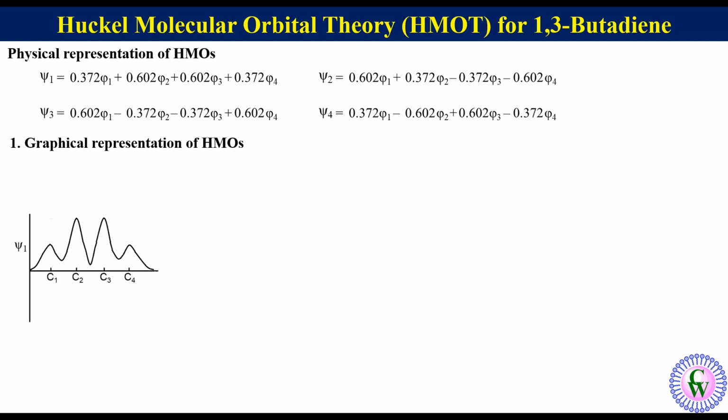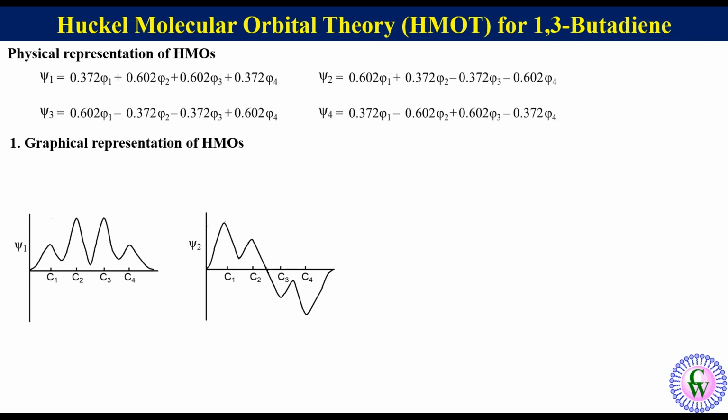Psi 1 can be represented like this: there are 4 peaks, all in positive phase because all the four coefficients A1, A2, A3 and A4 are positive. The area under a peak is proportional to the magnitude of the coefficient. There is no node or radial node in psi 1.